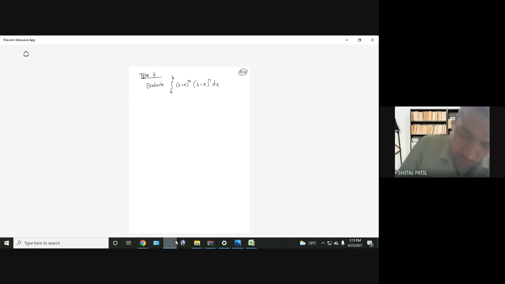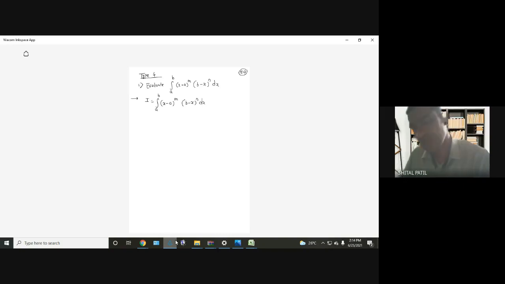Okay, so two different things are there. One, the limit should be 0 to 1. As well as we don't want x minus a anywhere, we want x only. Right now, see what the limit is. Say I consider t equal to x minus a.